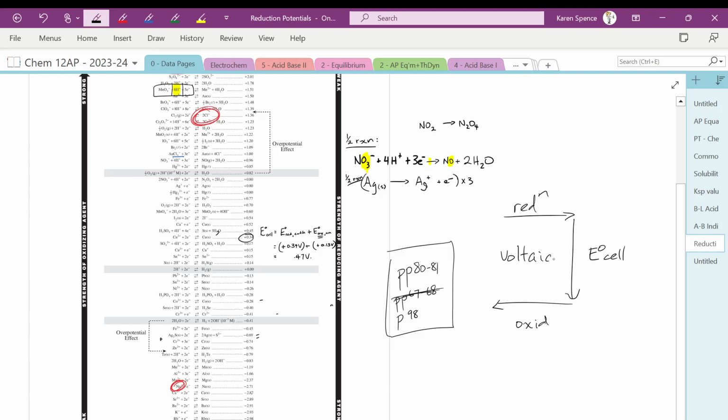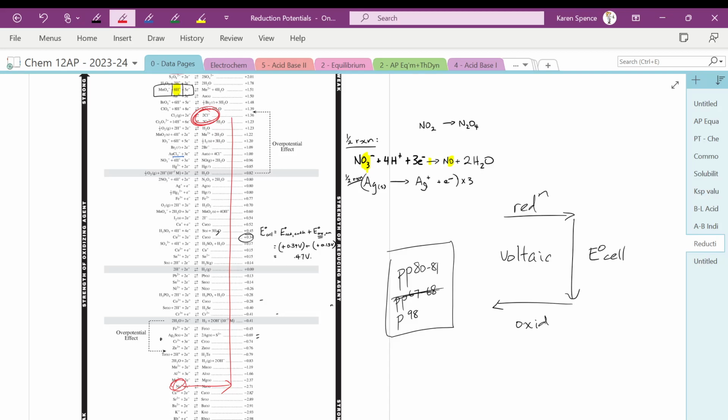Well, if you look at what we've got here, we're starting with Na, and it's going to go forward. How much potential do we need to put in? That much potential, the difference between those two. That's how much we need to put in to make this reaction go.